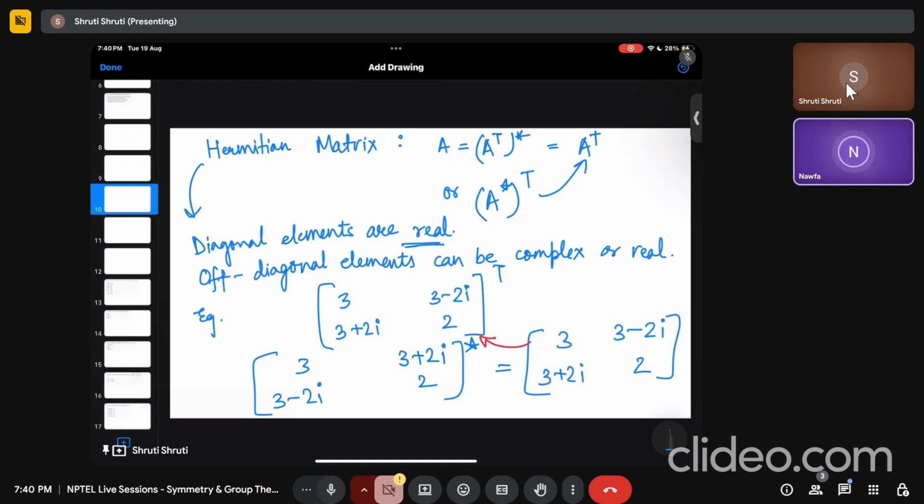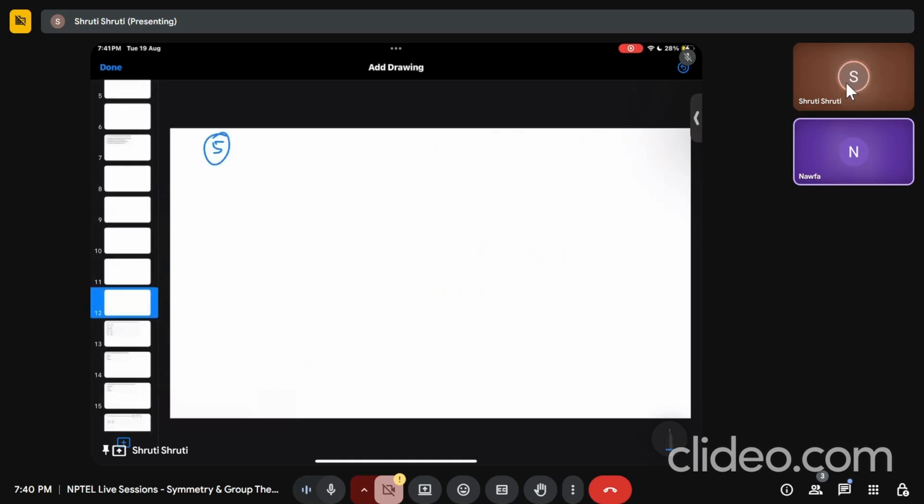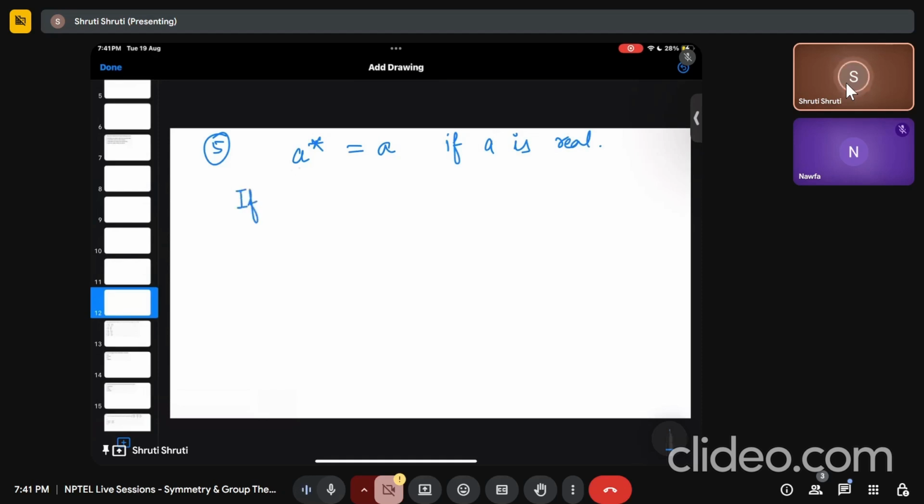The values will be equal. A star is equal to A if A is real, right? So if all the elements are real, that Hermitian matrix will become a symmetric matrix.